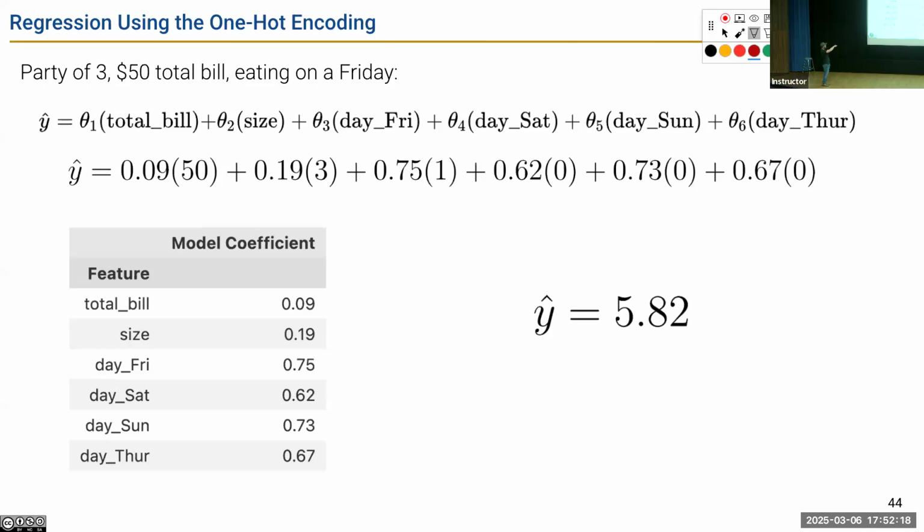Why don't these just say Fri, Sat, Sun, Thursday? We'll see why in a second. But we're going to set the Friday column to 1 and multiply by its coefficient, 0.75. All these other days must be 0. If it is Friday, we know that it cannot be any of the other days. Okay, so that's how we generate predictions with these models. Hopefully straightforward, pretty similar to how we've done OLS so far.